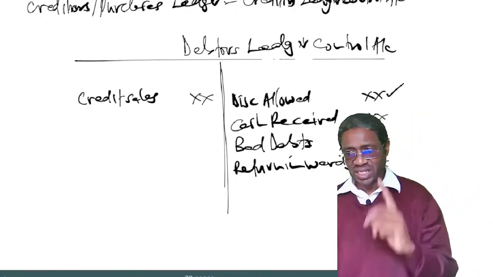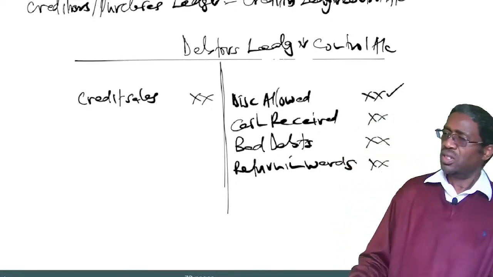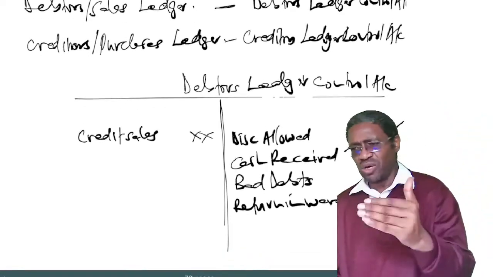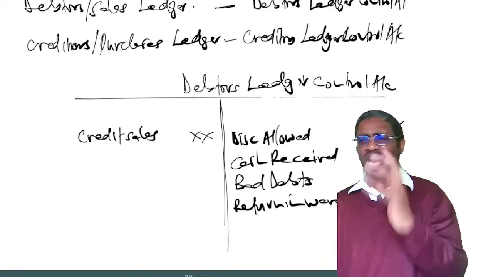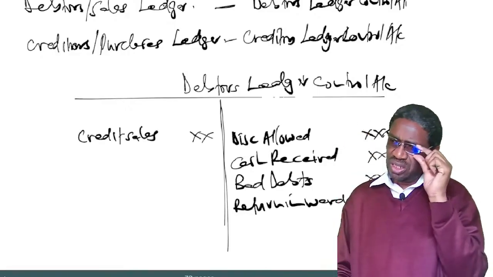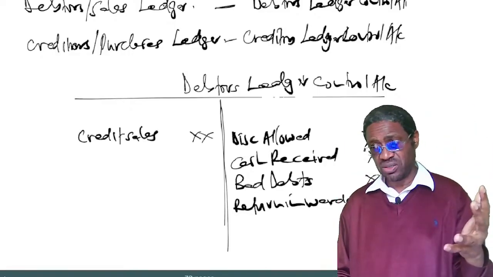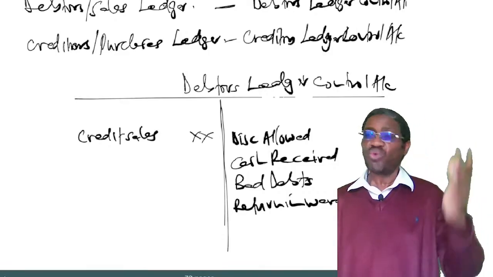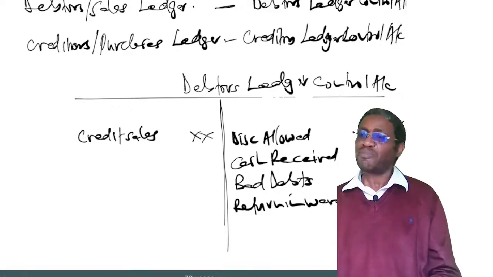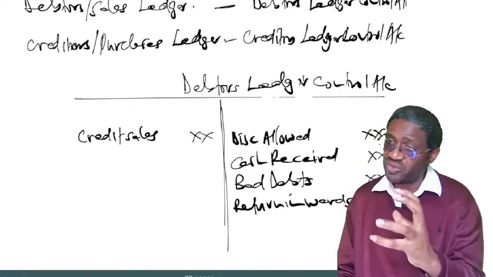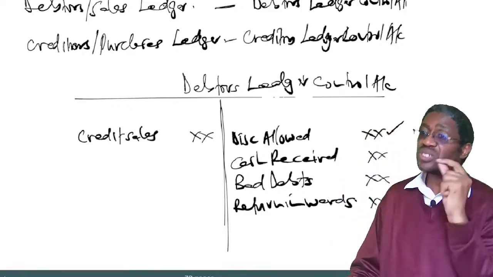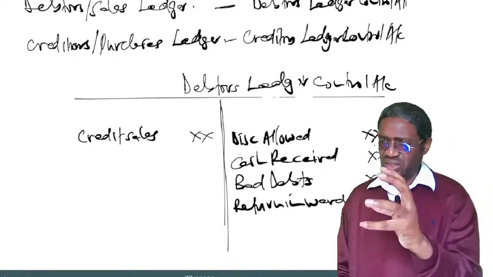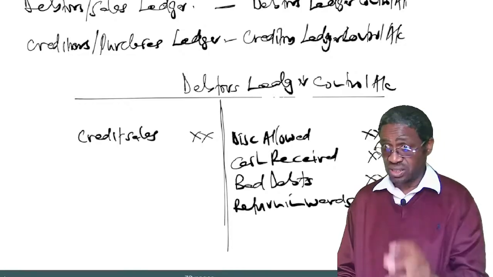Now, another transaction. Before we continue with the others, listen, by the beginning of this year, you could have had a balance brought down. Maybe by end of last year, some of the debtors had not paid you yet. So you carried them forward up to the beginning of this year. By the beginning of this year, you began the year with some debtors. Debtors, listen, are assets.